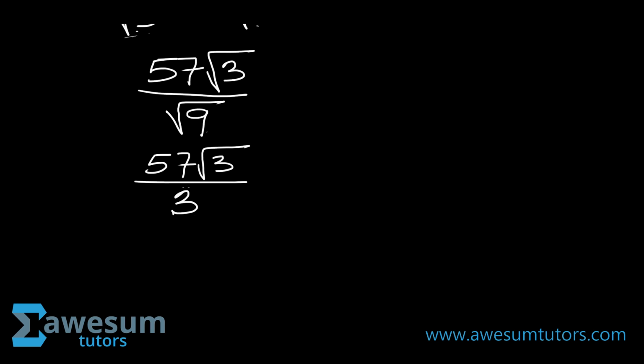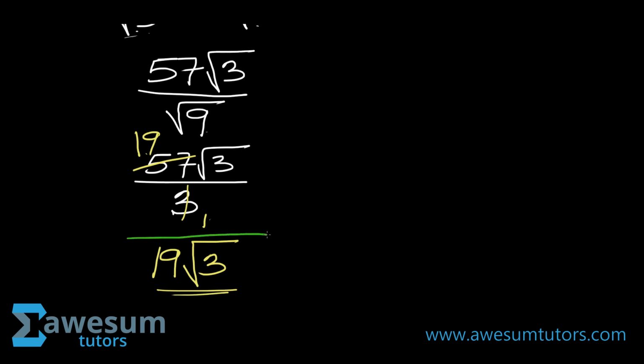You will agree with me that 3 can go into 3 one time and 3 can go into 57 nineteen times. So my final answer now is 19 root 3, because the denominator now is 1. This is your final answer. Very easy, guys.